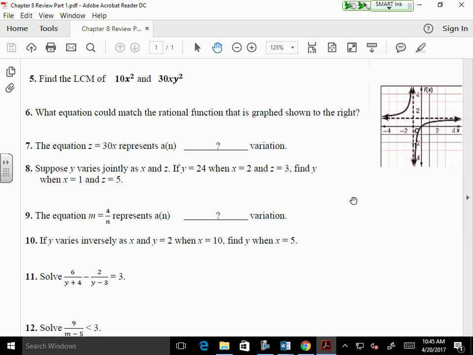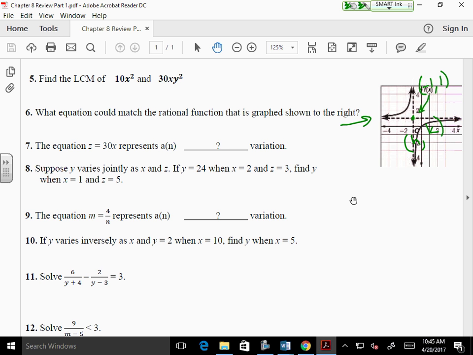When trying to come up with an equation that could match this graph, we look at where the asymptotes intersect, and we can use that point of -1, 1 as our h and k.